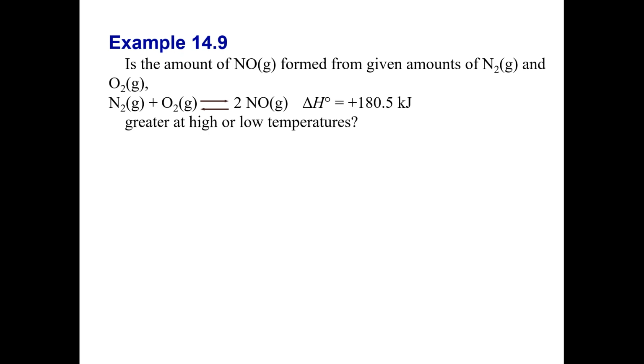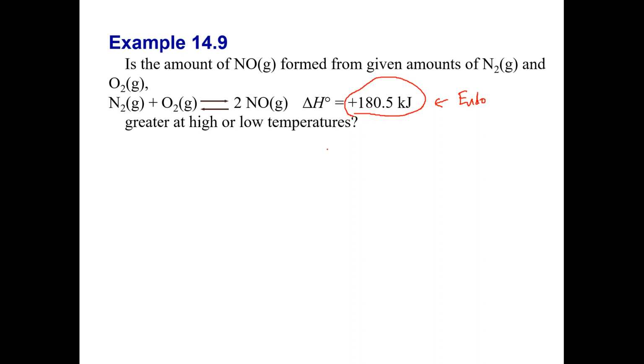Okay, here's another question. Different system, and the question says, is the amount of nitrogen monoxide formed from given amounts of N2 and O2 greater or higher at low temperatures? All right. The key thing we have to look at is whether or not the reaction is exothermic or endothermic. And based on the information here, plus 180 kilojoules, that tells you that the reaction is endothermic.